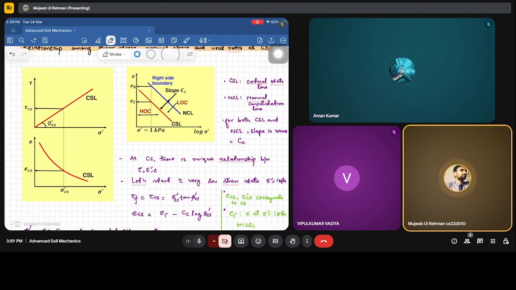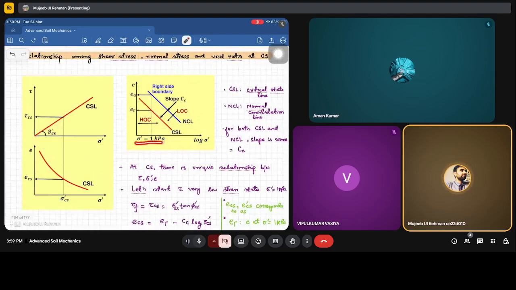Now at critical state, e_CS. Let's assume that at this stress state, sigma is equal to 1 kPa, the void ratio at the critical state for this 1 kPa is e_gamma, and it has an initial void ratio e naught at this stress.